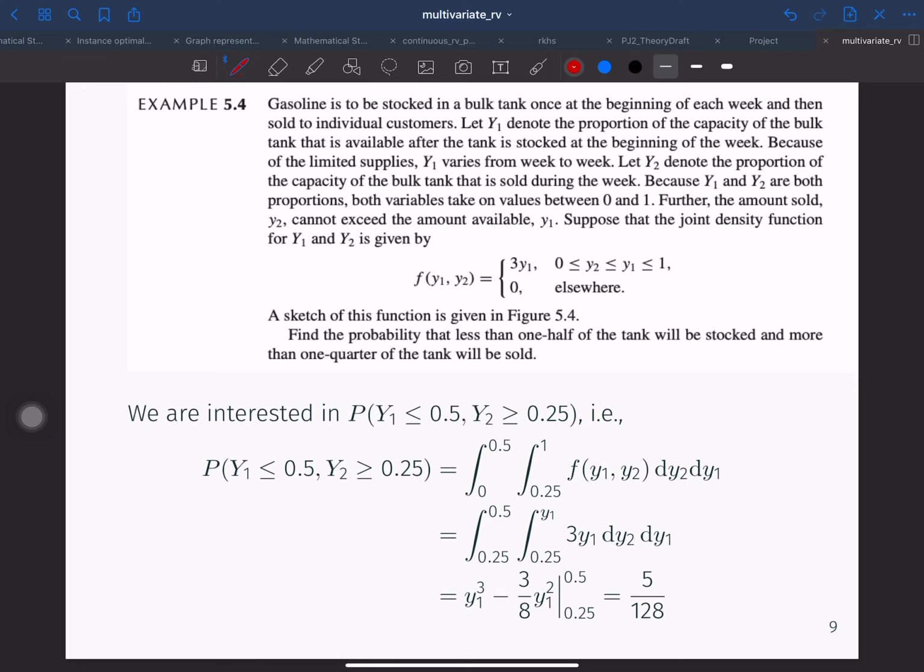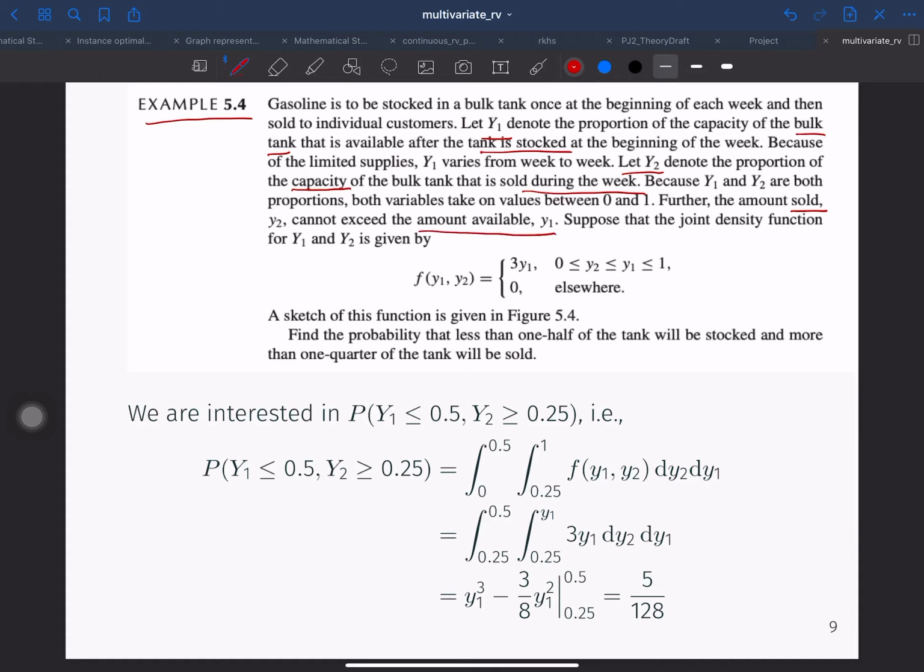So this is example 5.4 in your textbook. The question goes a little bit long, but you have gasoline in the bulk tank. Y1 is the proportion of the bulk tank available after the tank is stocked, and Y2 is the proportion of the capacity of the bulk tank sold during the week. Because they are proportions, they take on values between 0 and 1, and the amount sold cannot exceed the amount available.